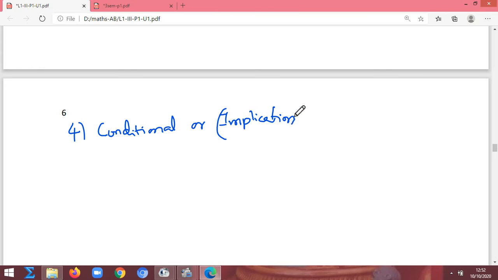In mathematics we come across statements like p implies q. That means, if p is true, then q is true. That is called conditional. So, let us define that first.